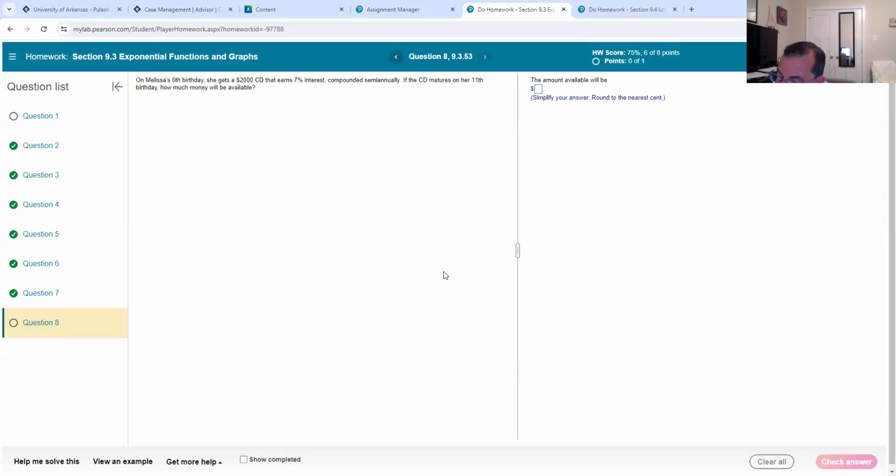All right, y'all, so look at this one. On Melissa's 6th birthday, she gets a $2,000 CD that earns 7% interest, compounded semi-annually.